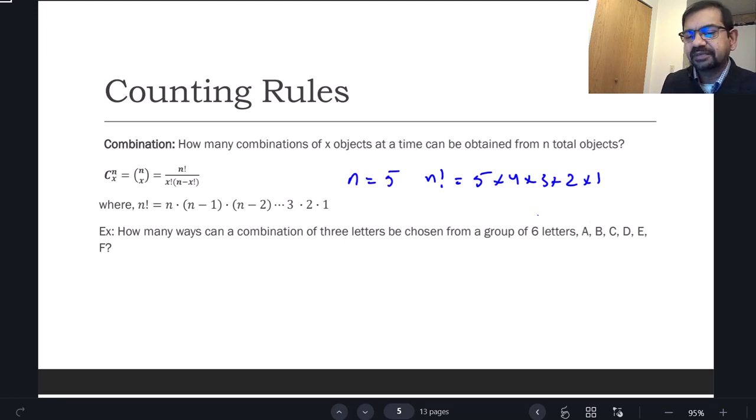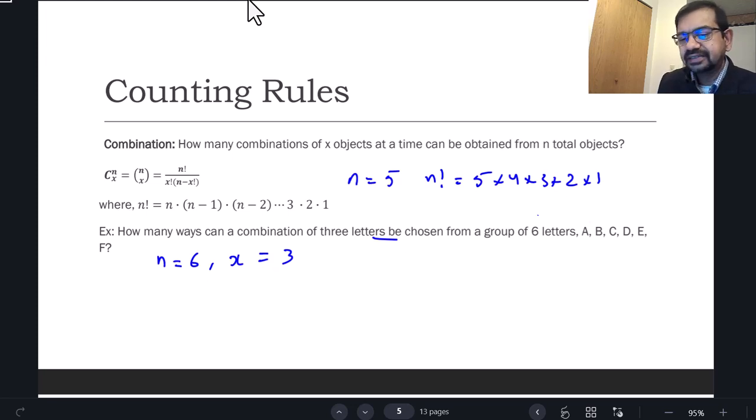So let's see an example of this. Let's say that we have a group of 6 letters, A, B, C, D, E, and F. I'm interested in drawing 3 at a time. How many groups of 3 letters can we form from a total group of 6 letters? So in this case, our n, which is our total number of letters that we are drawing from, is 6, and our x is 3.